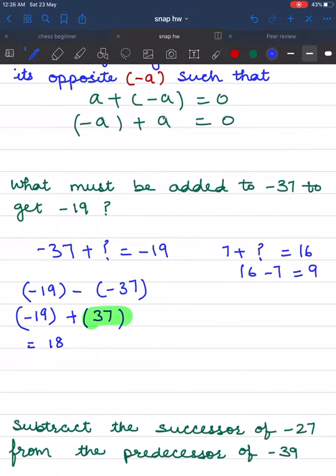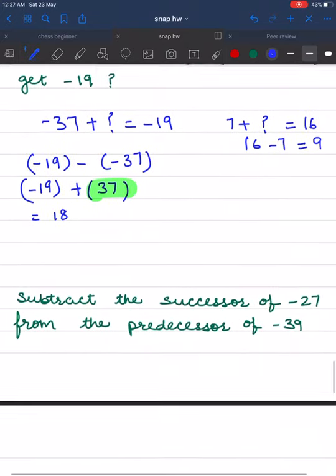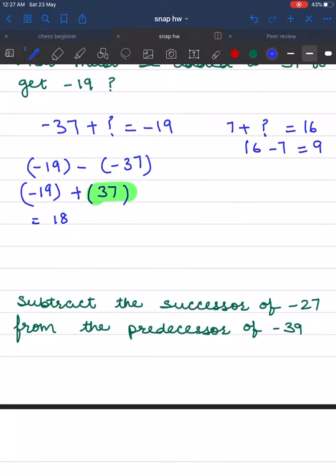Let's move to the next question. Subtract the successor of minus 27 from the predecessor of minus 39. Here the word is "from", so the order of the integers is very important. So first we have to write the predecessor of minus 39, and then we have to subtract the successor of minus 27.